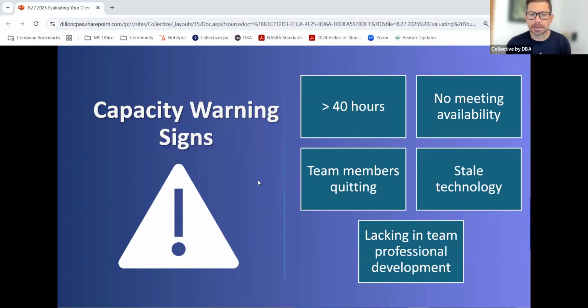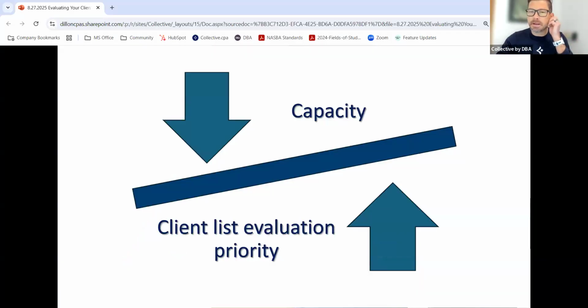Five big capacity warning signs right there. So as we go forward from here, we're saying, okay, we may be seeing or experiencing some of those things. How can we take where we may be and begin to address that and work on it? I think there's a really powerful slide right here in this simple message. But can you explain this?